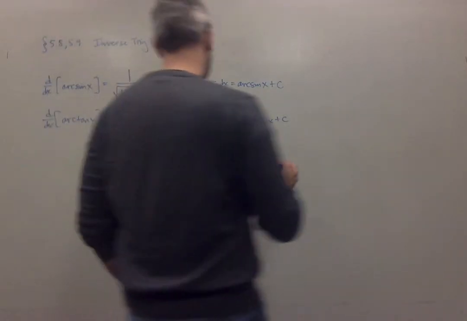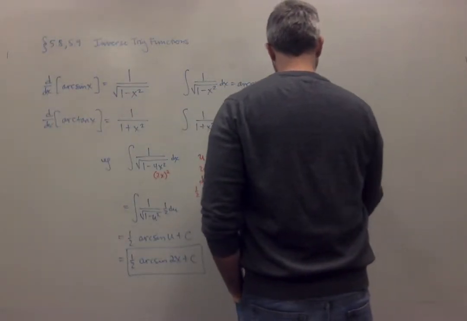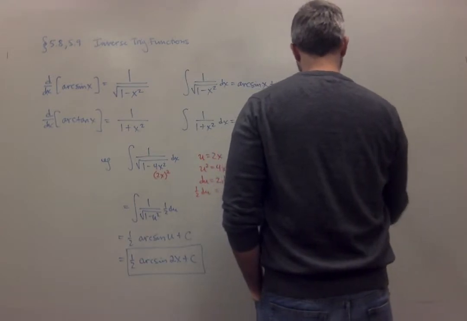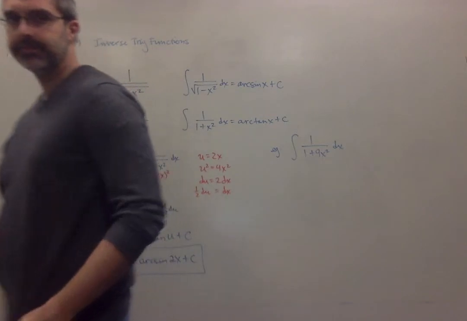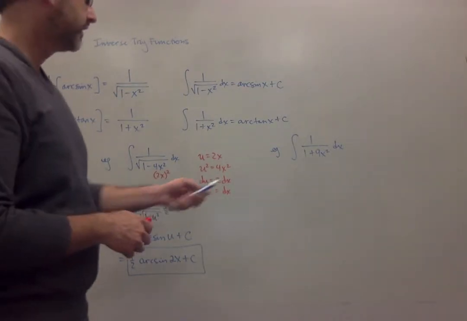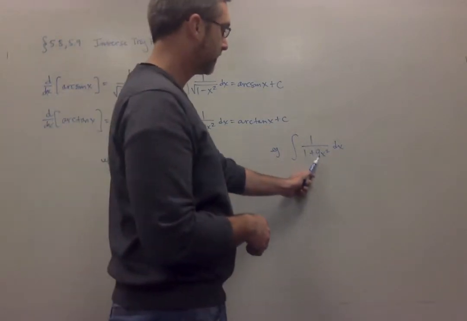Let's do another one. Let's suppose I had the integral of 1 over 1 plus 9x squared dx. Okay, again, this looks a lot like my arctangent one, except this is a little messed up here.